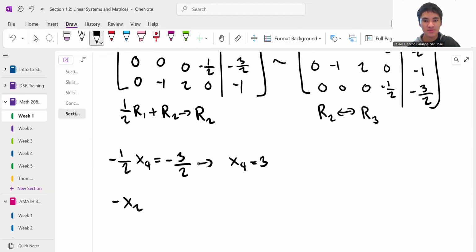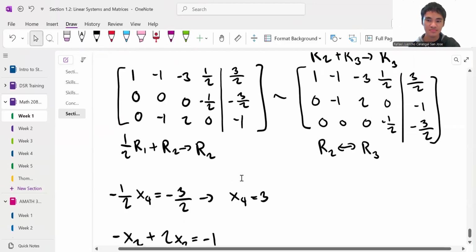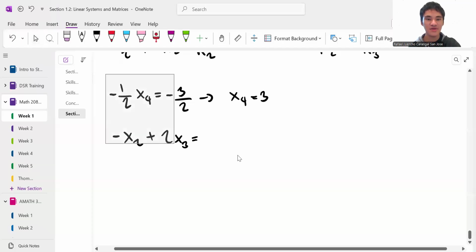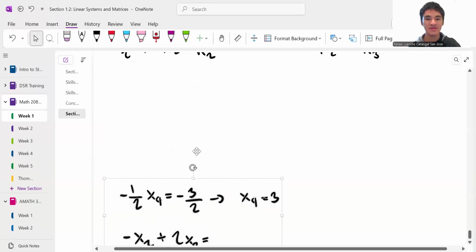And then the second row is negative x sub 2 plus 2 x sub 3 equals -1. Okay? Now here we see that x sub 3 is a free variable. Actually, shoot, that's the first thing we should have done. I almost forgot. We have to identify the leading variables and free variables.